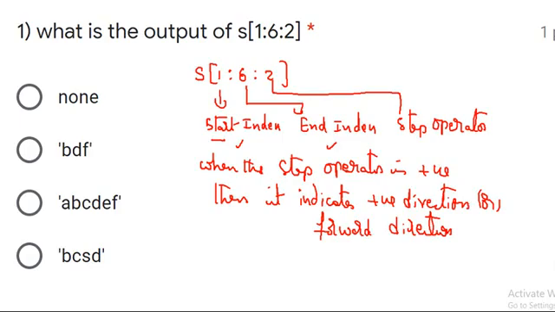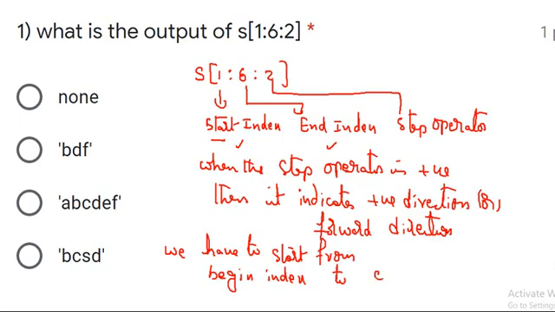If the step value is positive, we have to start from the begin index to the end minus 1 index. This is the way of considering the indexes.